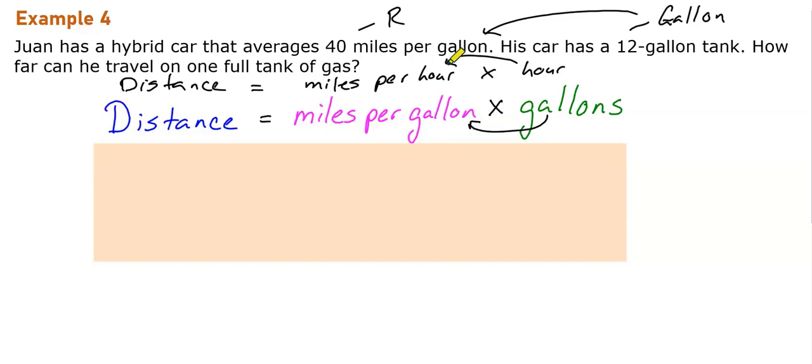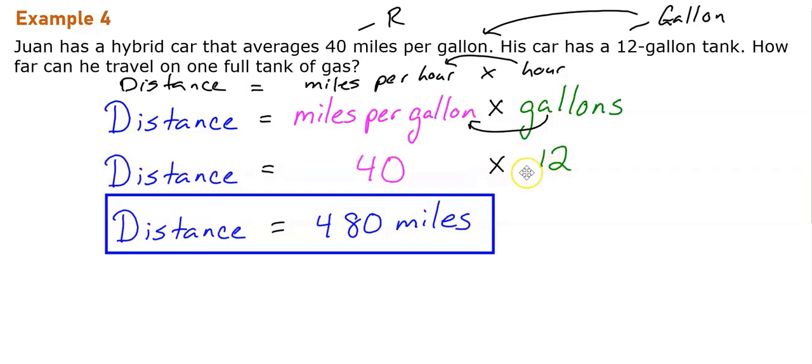Okay, so that's why we can do distance equals miles per gallon times gallons. We would just plug in 40 for where we would normally have our R, plug in 12 where we normally listed time, multiply it, and that tells us that Juan can go 480 miles on a full tank of gas.